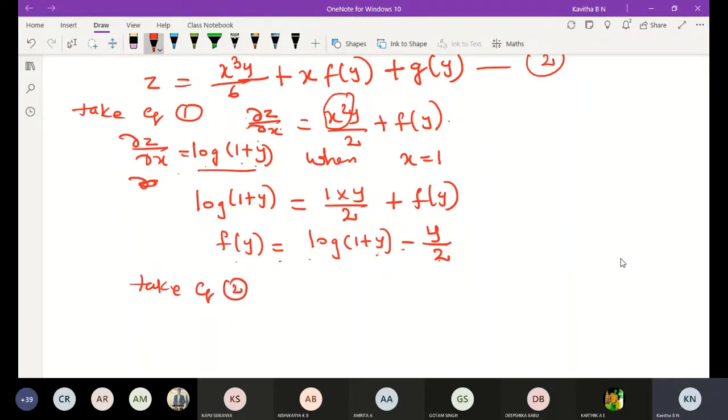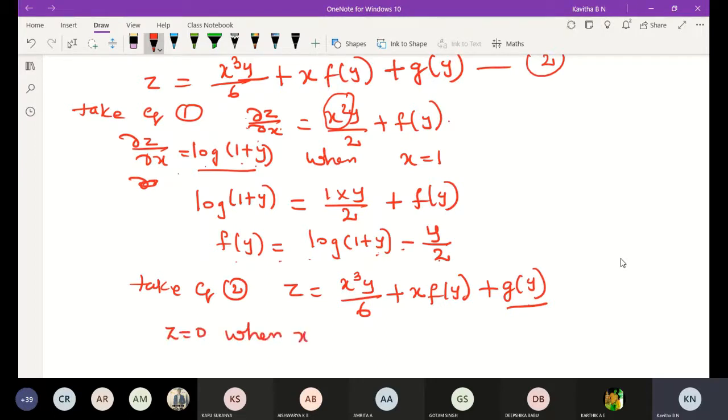Okay, then next take equation 2. Equation 2 is what here? Z is equal to x to the power of 3y by 6 plus x into f of y plus g of y. Okay, we need to find the g of y value. Condition is what here? Z is equal to 0 when x is equal to 0.